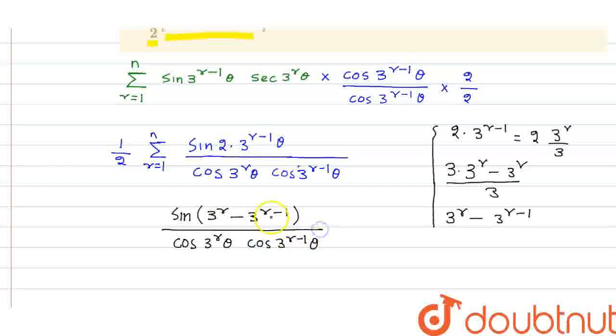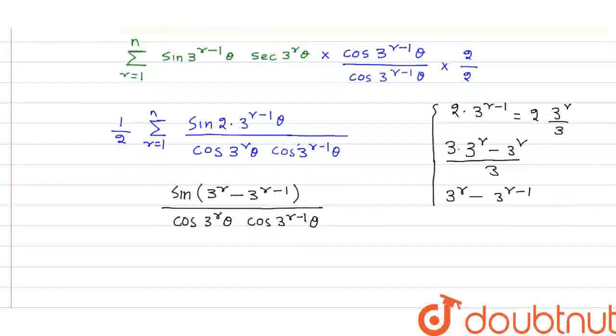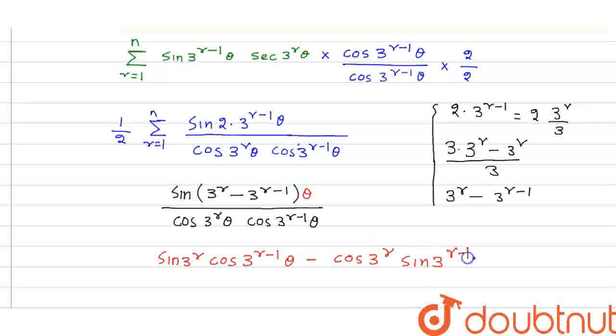Now if you apply sin (a minus b), this becomes sin 3^r theta cos 3^(r minus 1) theta minus cos 3^r theta sin 3^(r minus 1) theta.